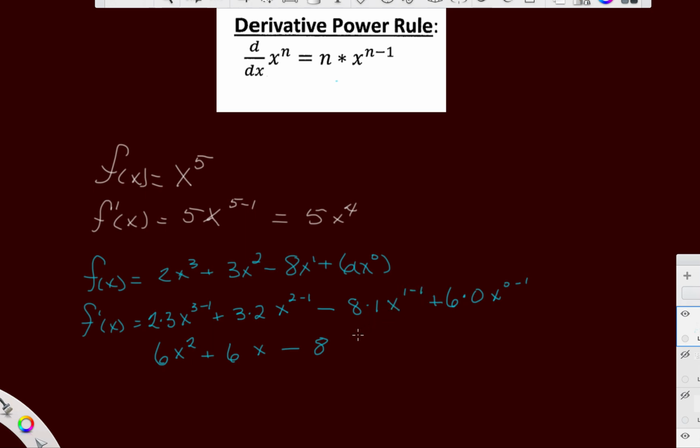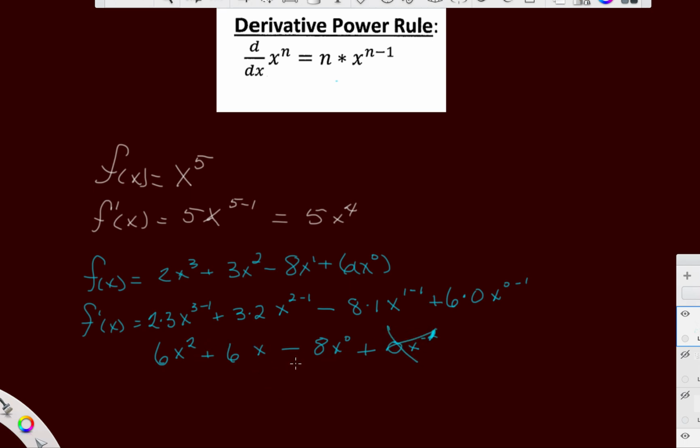X to the 1 minus 1 is x to the 0 power, which is 1. And then here we go. This is why this constant goes away. It's 0 times x to the negative 1. It doesn't matter at all that this is an x to a negative power. It's being multiplied by 0, so that just goes away.